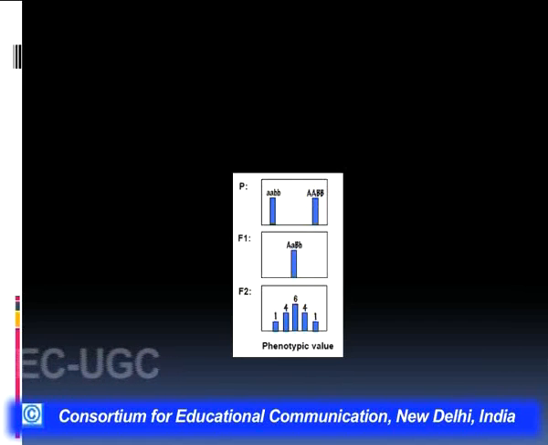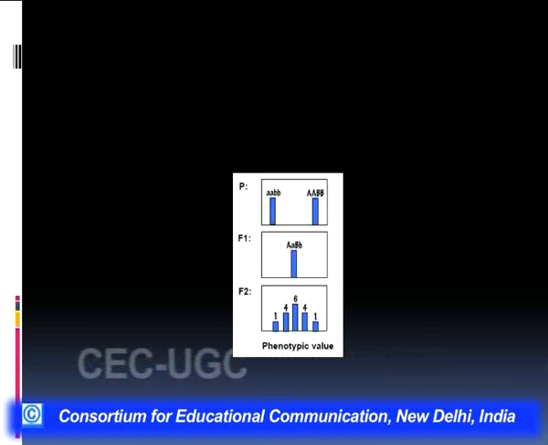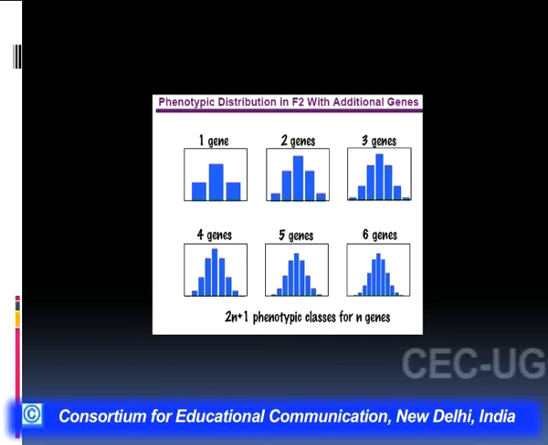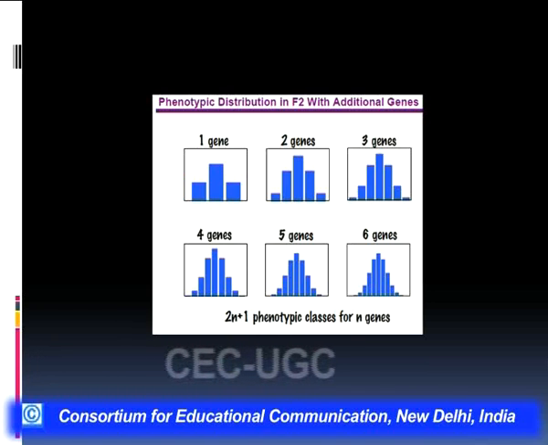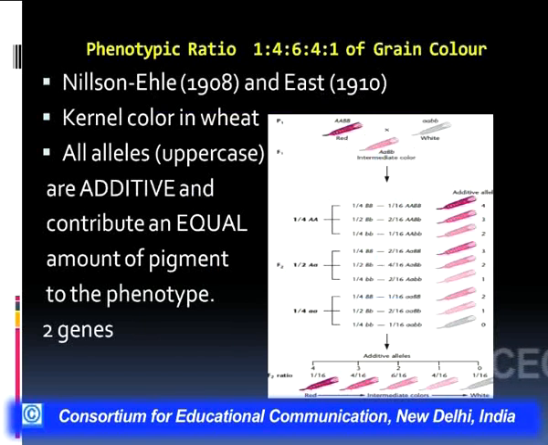And in a dihybrid, in effect we have 5 types of phenotypes in the ratio of 1:4:6:4:1. This is entirely different from a normal dihybrid cross. Likewise, we will just derive how 2n plus 1 came into existence. So, that means according to this particular rule, the number of phenotypic classes would be obtained.